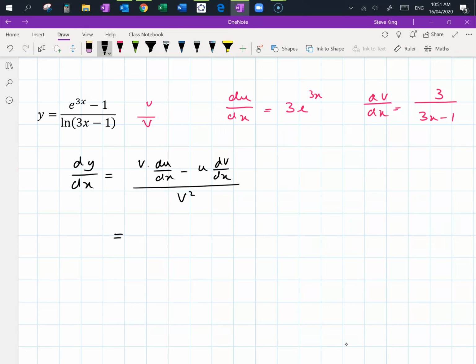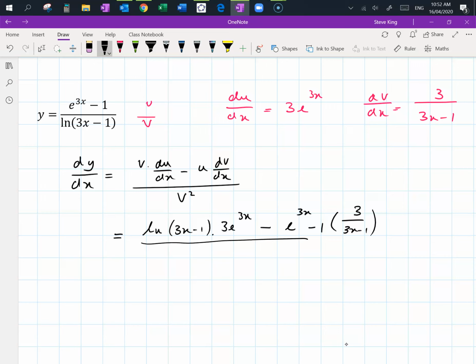So I've got the ln of 3x minus 1 multiplied by du dx, which we've got over here, 3e to the 3x. From that I'm going to take away u. u was e to the 3x minus 1, multiplied by the derivative of v, and that is going to be 3 over 3x minus 1.